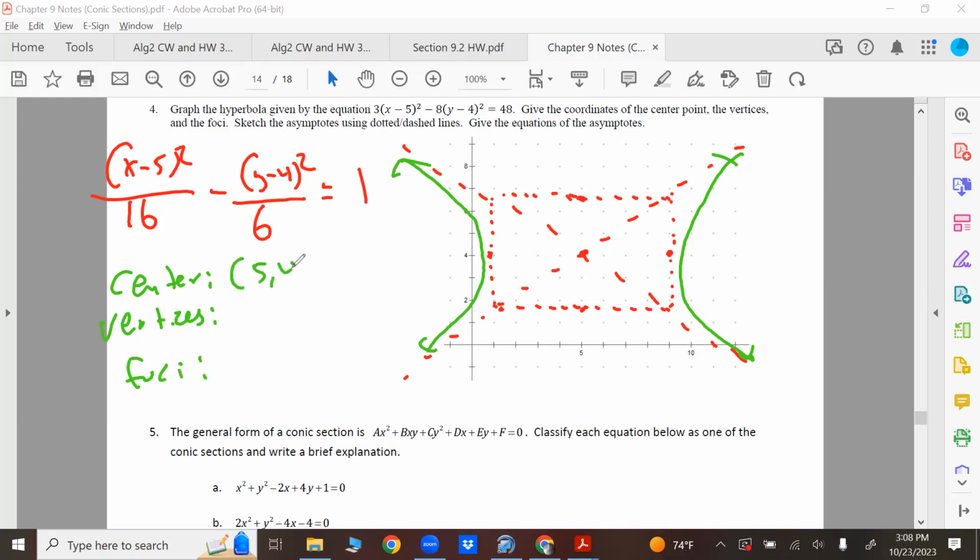Hey guys, one more. We're almost done here. We got over 16 minus.